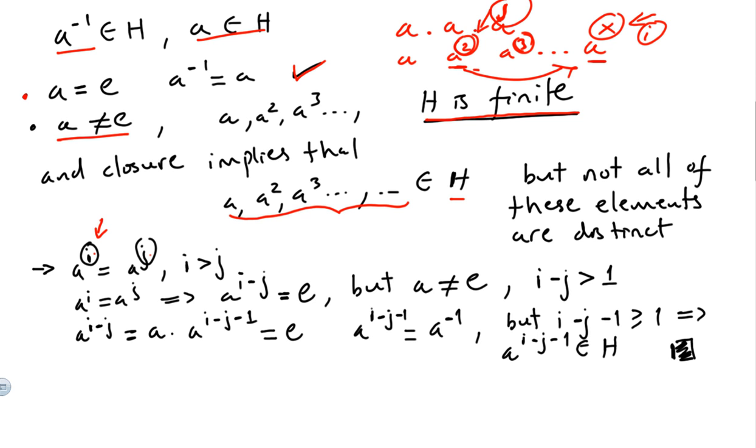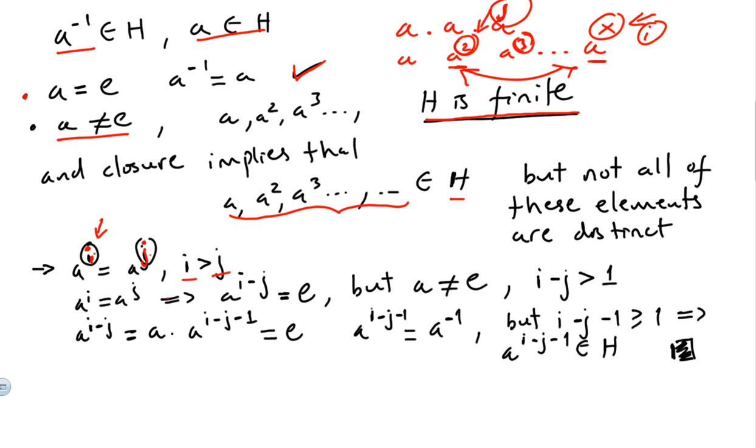Taking an arbitrary example, it could be with 3. We simply don't know. So there will be a moment where a to the power of i equals a to the power of j, where i is greater than j, of course.